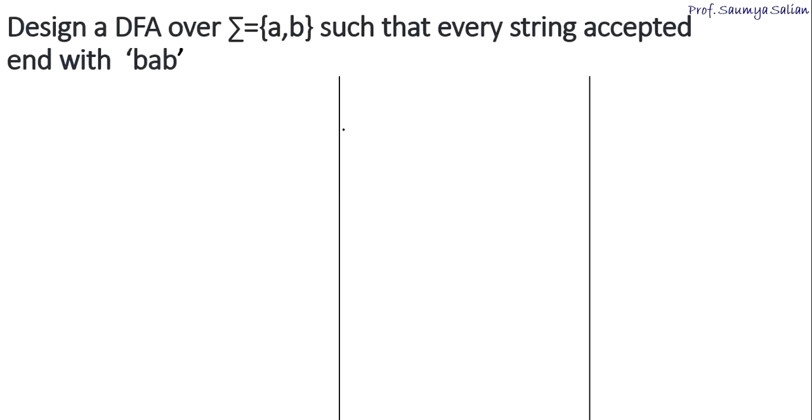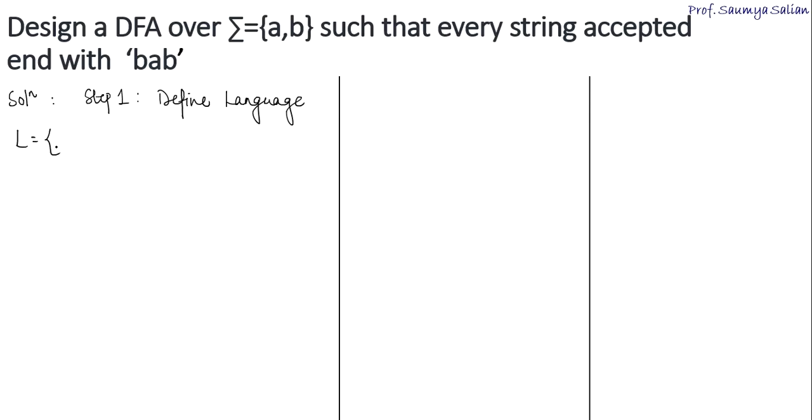Given a question, design a DFA over the alphabet set A, B such that every string accepted ends with BAB. So let's begin the solution. First step is to define the language. The language will contain all possible valid strings.